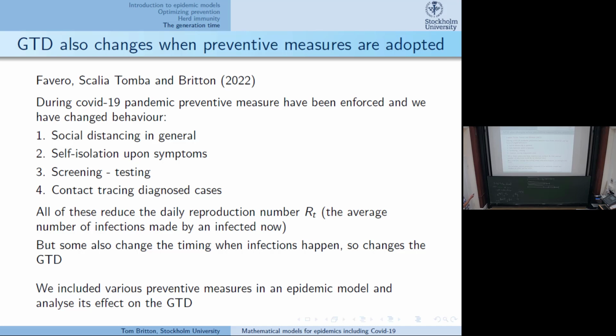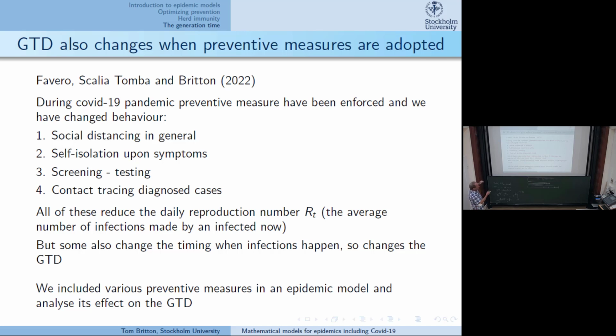So what we did is we introduced these things, using different parameters, and we tried to investigate how the generation time is affected. And then the important question is, what if you use the original one taken from China in Wuhan before preventions?